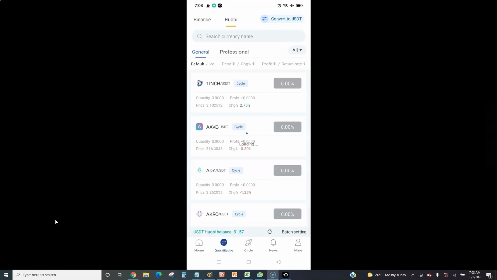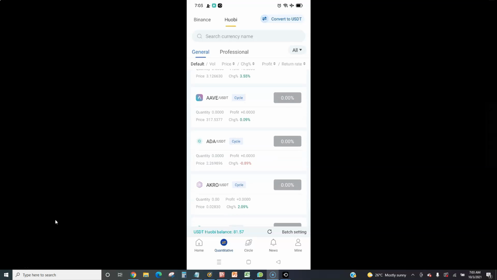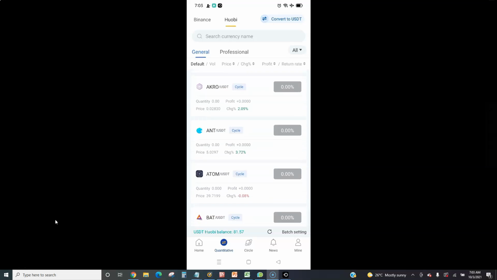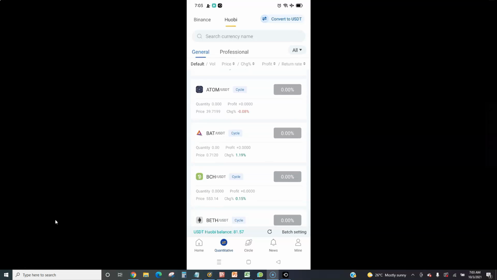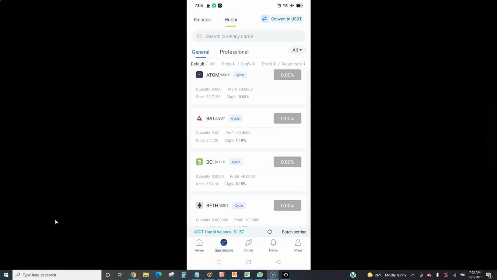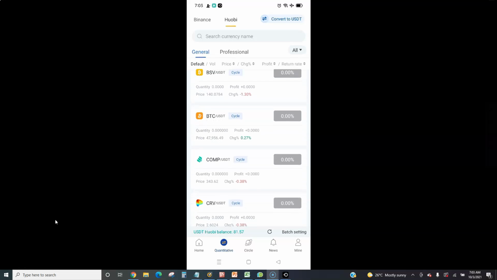Let me use binary. Let me see Huobi. As I said, it depends on the exchange that you are using to trade. That will determine where you are going to search for your coin. On Huobi, we have ADA 0.91 dip. We have Atom 0.08 dip. We have BSV 1.3 dip.